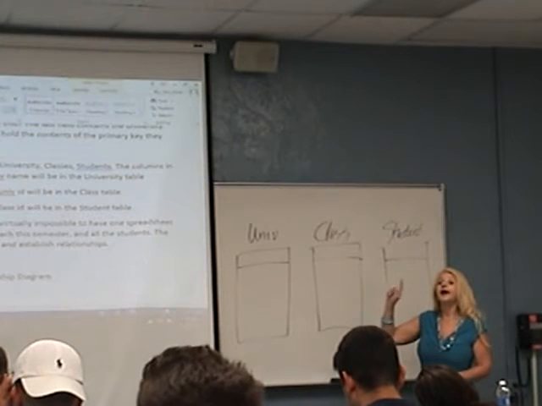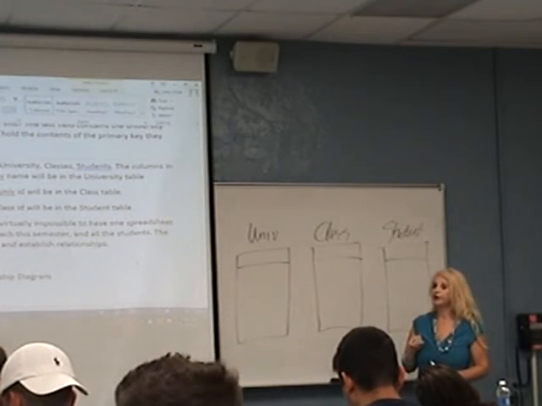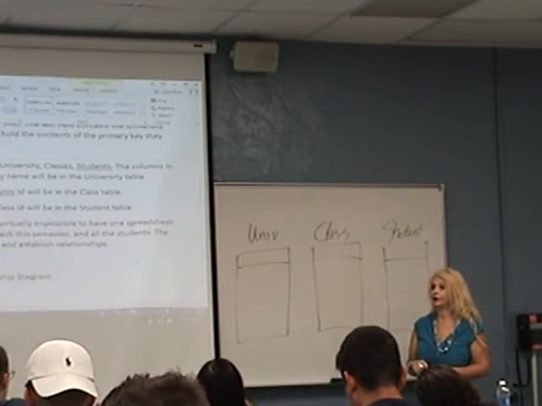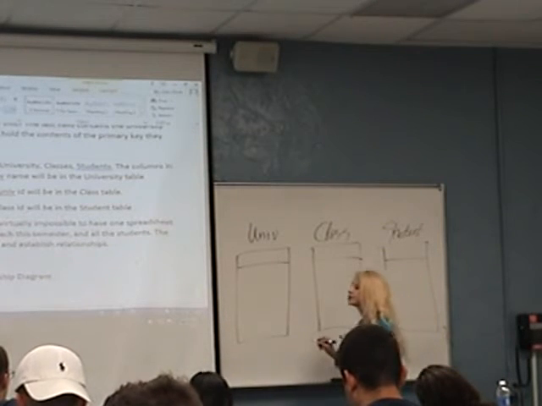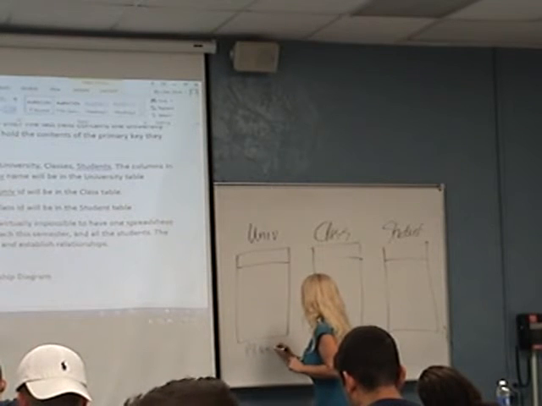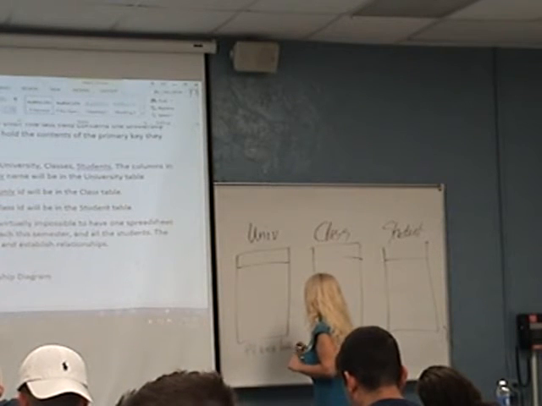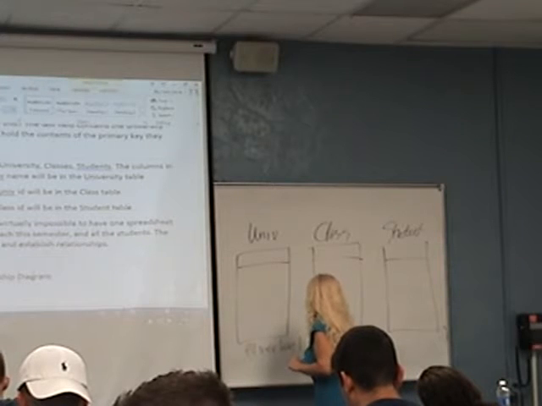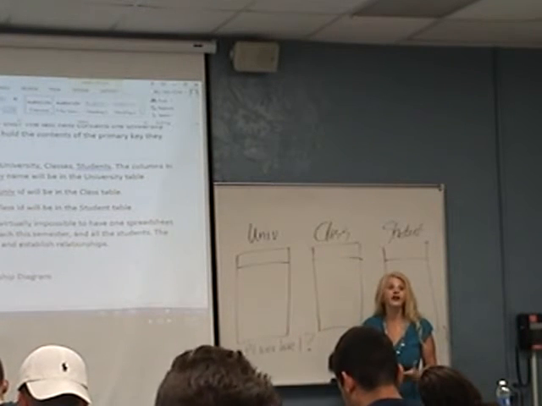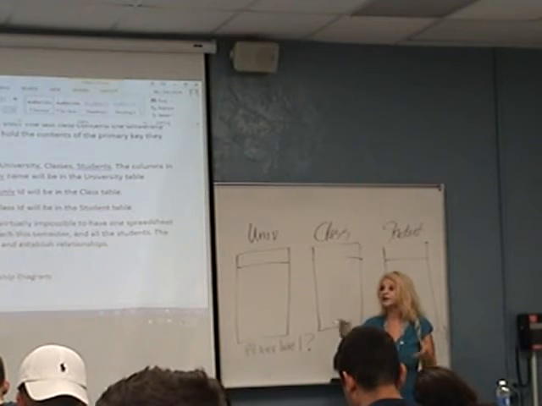All right, now this can be a little bit tricky. I want you to think about all universities. And here's the question. All universities have one question mark. This is what we want to store about universities. What's the most obvious thing?